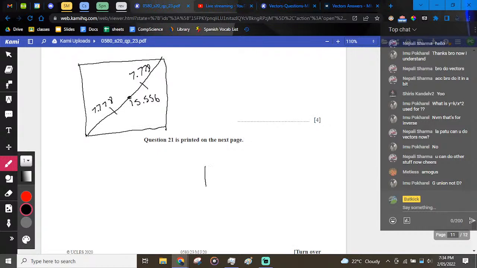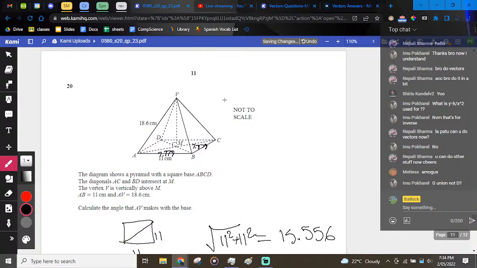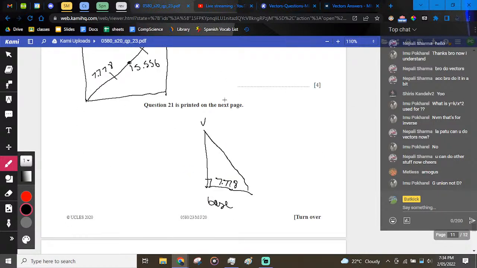This is the base, this is V, the vertex. 7.778 here, 7.778, and this length is 18.6. This is 90 degrees, and we want this angle.